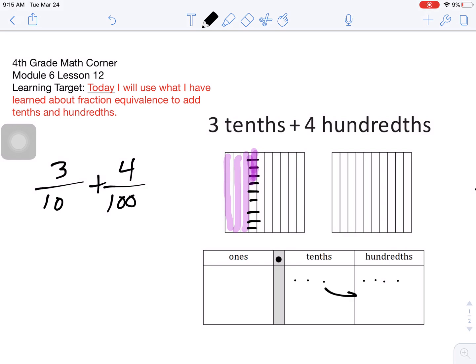4/100, I could turn each of these tenths into hundredths. So I would need 10 hundredths, 1, 2, 3, 4, 5, 6, 7, 8, 9, 10. Then I need to turn this one into 10. 1, 2, 3, 4, 5, 6, 7, 8, 9, 10. I need to turn this one into 10 hundredths. 1, 2, 3, 4, 5, 6, 7, 8, 9, 10.